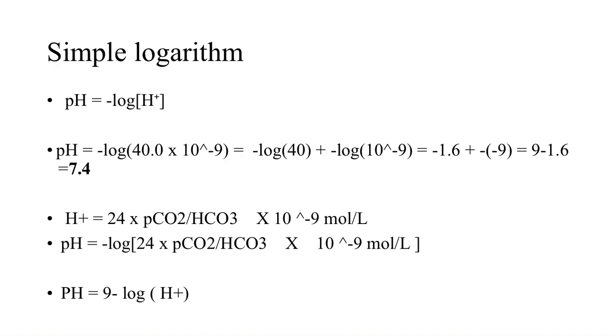So in a way, it becomes minus log of 24 times PCO2 by bicarb, plus minus log 10 to the power of minus 9. So it always becomes 9 minus log of the value you get when you plug in the numbers. Okay, let's do more math.